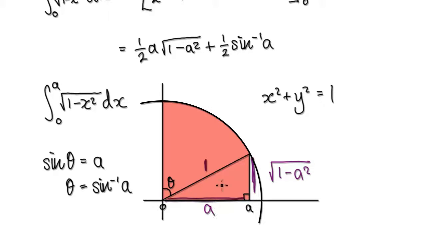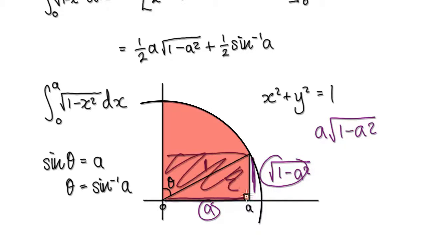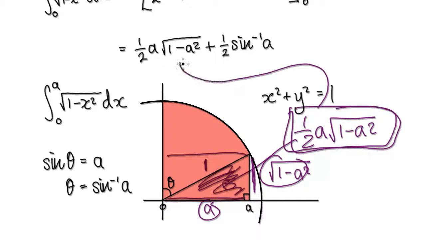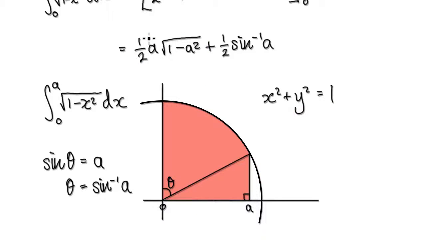And then to work out this area, you would get this times this, which would be A root 1 minus A squared, and then that will give you the rectangle, cut in half. So divided by 2. So the area of this thing here is given by this, and this, by the way, is this thing here. So the two methods correlate with each other. Okay.